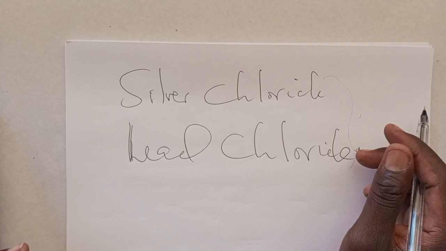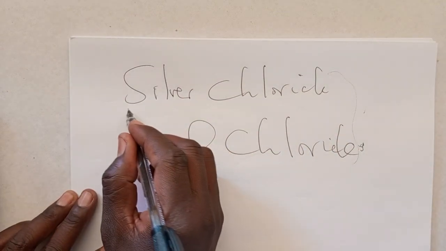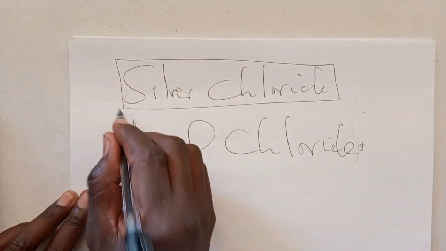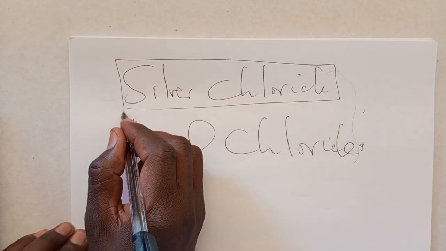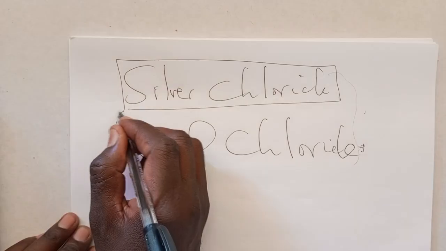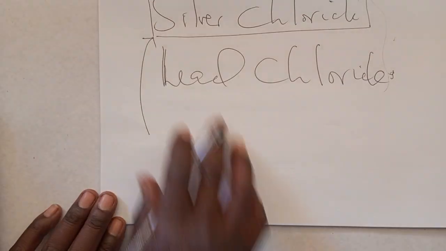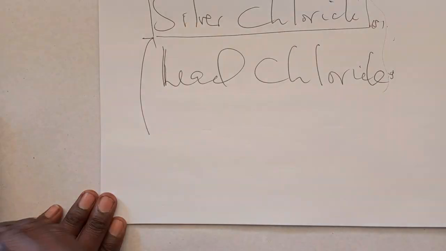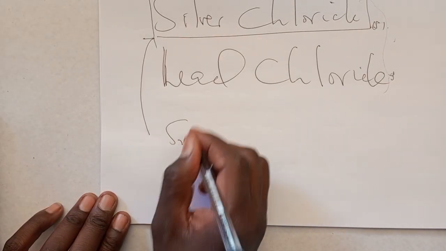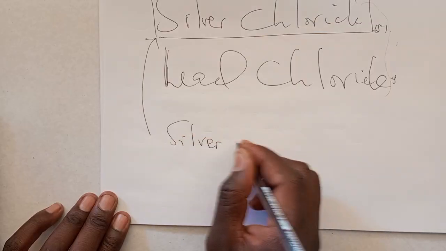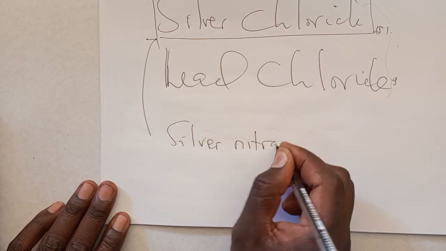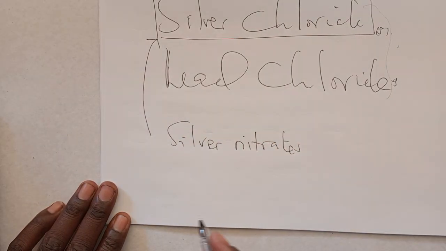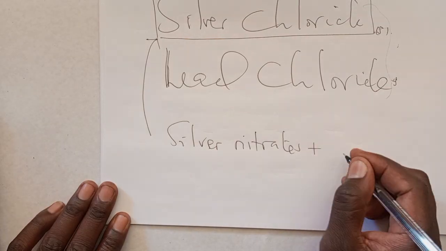So you need to identify which salts are soluble. In this case, for us to prepare this, we need to identify two salts that, if we react them, will give us silver chloride, which is a solid. In the question you've been given silver nitrate. Remember, all nitrates are soluble; in other words, they dissolve when you put them in water.